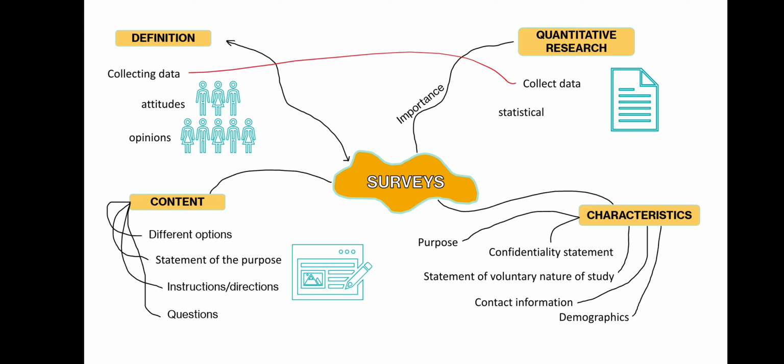In qualitative research, the study is supported by other works, and in the case of quantitative research, it is supported by the opinions or attitudes of people, and that information is collected by the use of instruments, for example a survey, and it is measured in a statistical way.